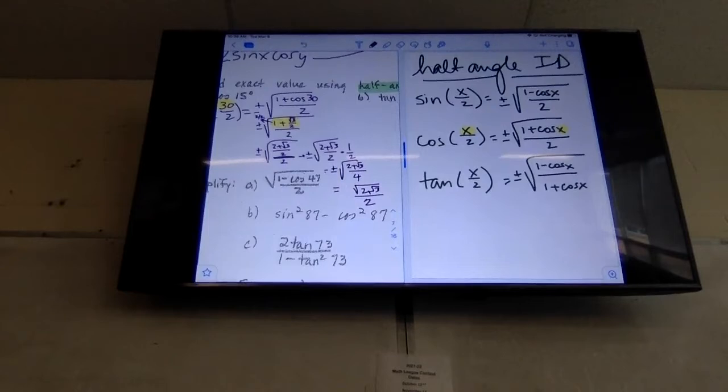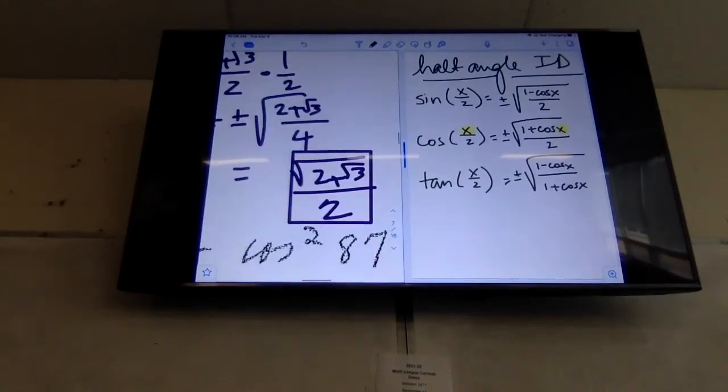This is a good enough answer. It's the square root of 2 plus root 3, all over 2. It's kind of messy because you've got a square root inside of a square root, but that's good enough for now.